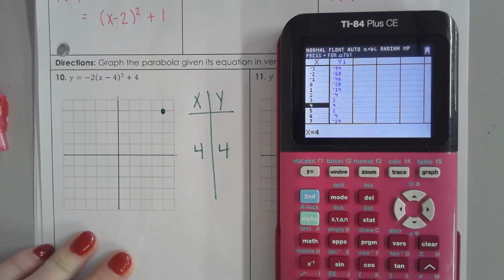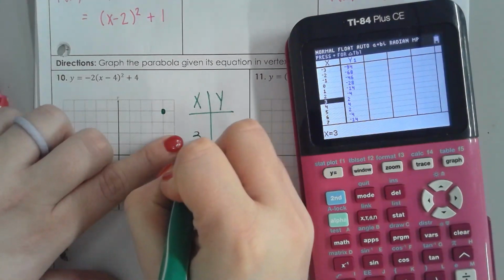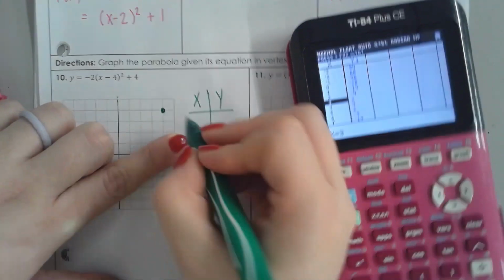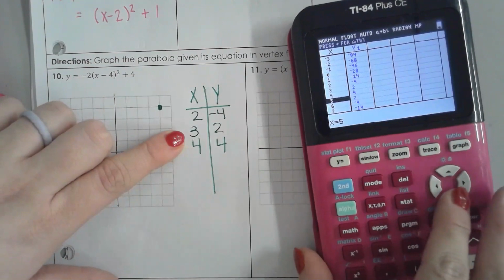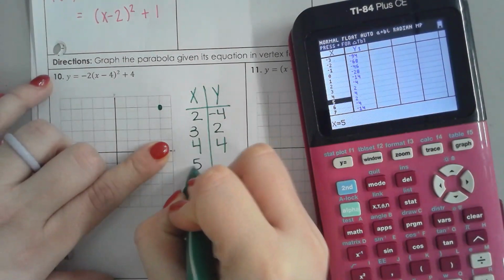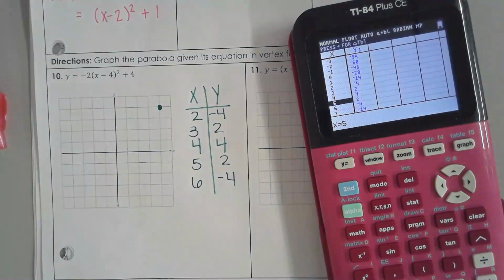Okay. So then what I'm going to do is write the couple of points above it. So 3, 2, 2, -4, and then 5, 2, 6, -4. And then I'm going to plot as many of those points as I can.